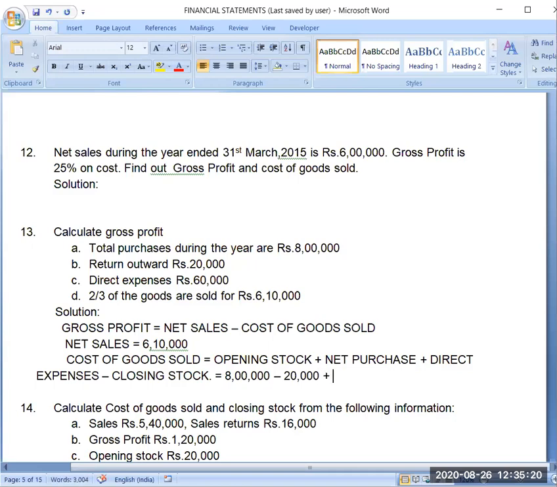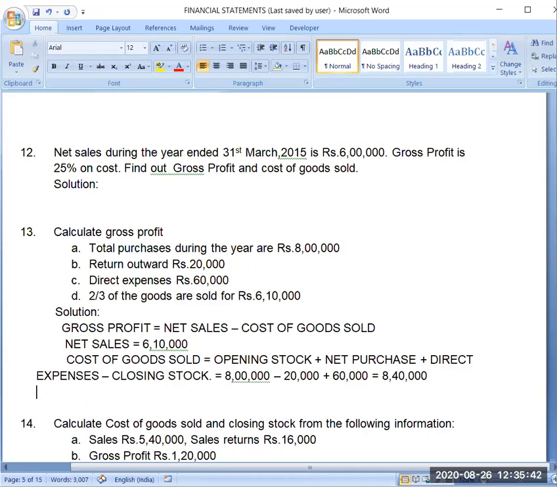Then direct expenses have been given. I will add them up, and this way I will get the total cost. So the total cost was 8,40,000. Total cost is 8,40,000, but I need to deduct the closing stock.